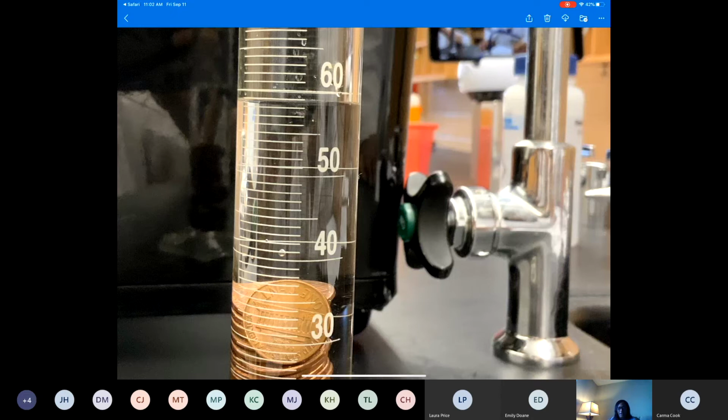Reading the bottom of the curve, I estimated about 58.5.